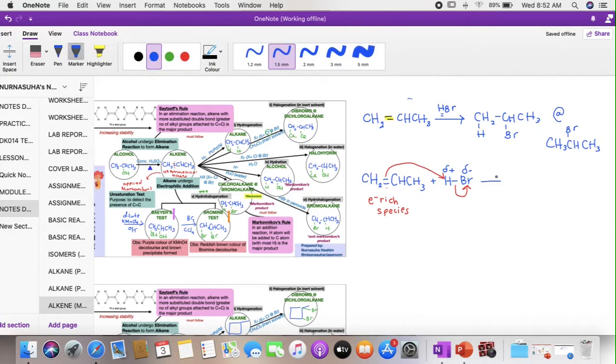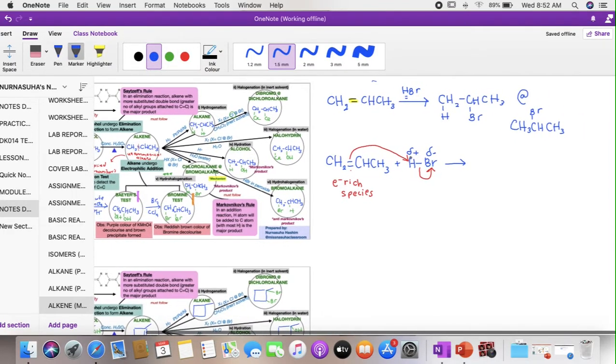Okay, sekarang ni according to the Markovnikov, hydrogen would go to carbon with more hydrogen. So, carbon 1 ke carbon 2? Should be carbon 1. Okay, ada orang tanya, Miss, kenapa tak pergi ke carbon ketiga? Okay, this carbon does not involve in our reaction. Only consider carbon-carbon double bond.